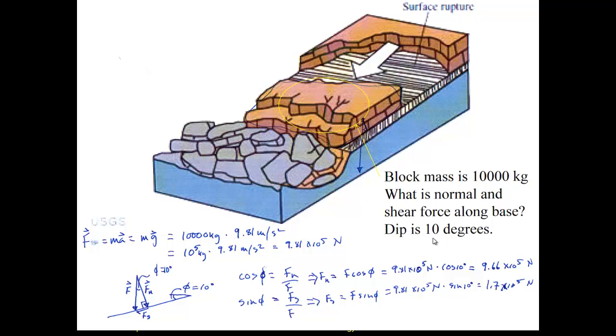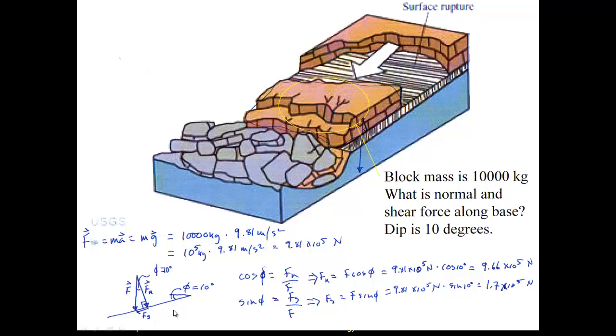So what do we know? We know that the weight of this mass is the force vector, which is the mass times the gravitational acceleration, which is going straight down. So we can determine the components. The shear force is the direction parallel to the interface, and the normal force would be the force perpendicular to it.